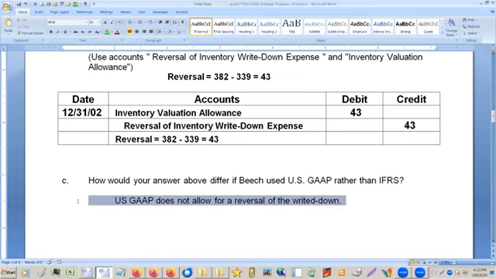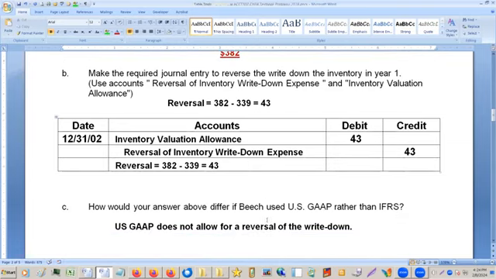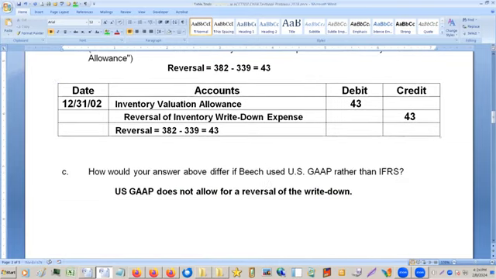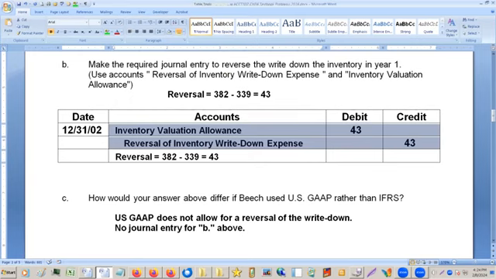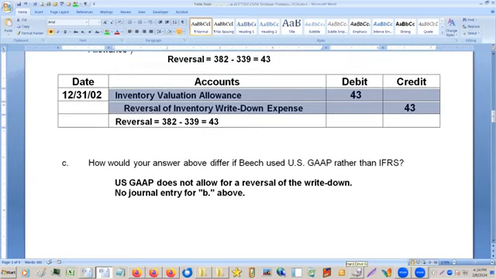So there would be no journal entry. So this journal entry up here, we would not do if this was GAAP. Once it's written down, it's written down.